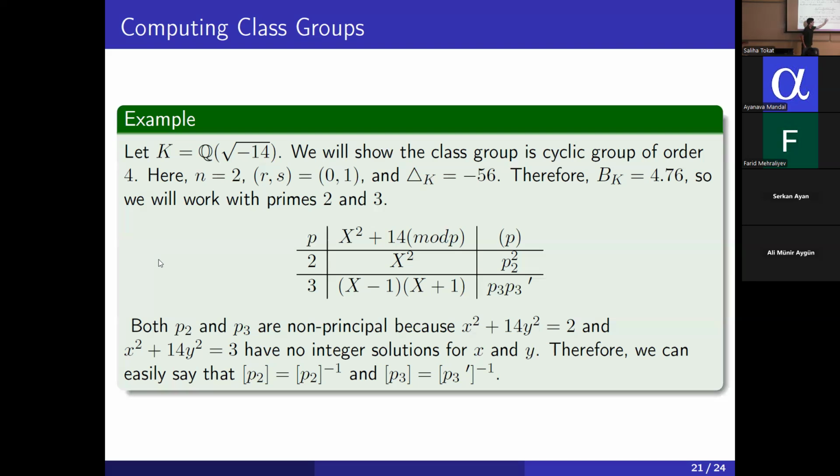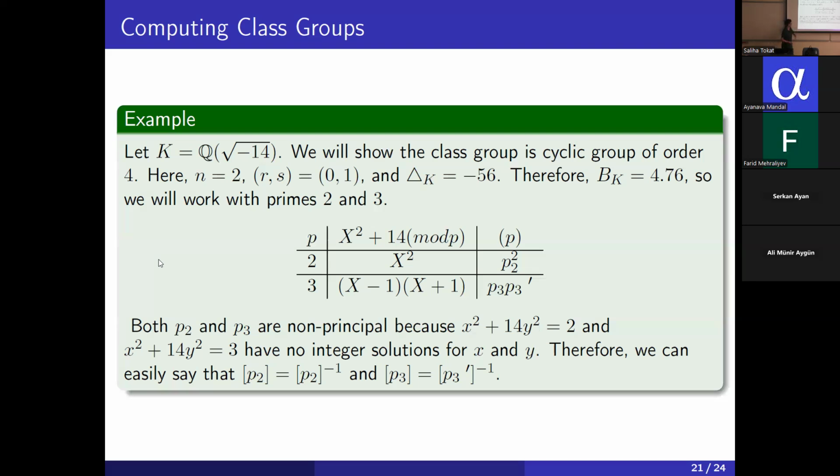Every element is of the form a plus b times square root of minus 14, so we should look for a solution. We see that there is no solution, so we can directly say that neither P2 nor P3 is a principal ideal.